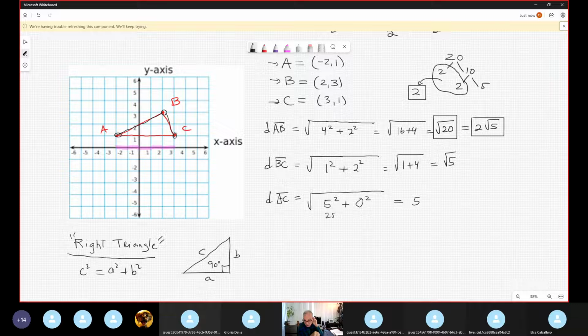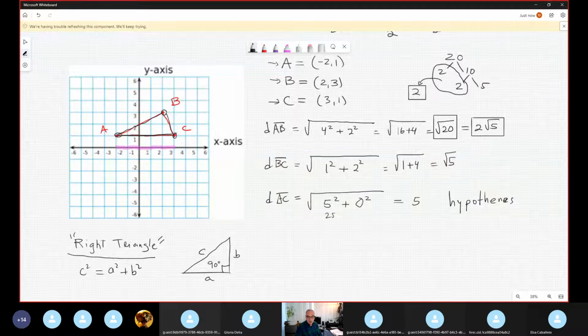Mathematically and geometrically, both. Look, what is the hypotenuse? Hypotenuse. I suppose it's spelled like that. It's the bigger one, which is 5. So this is the hypotenuse.